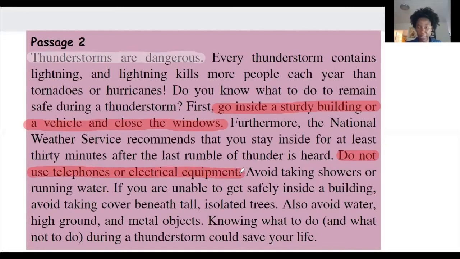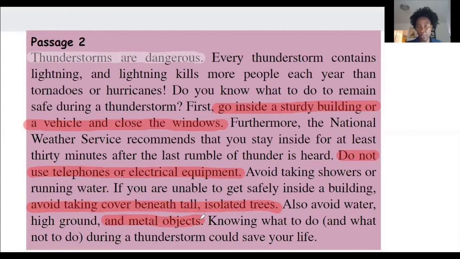This other detail is also telling us how to remain safe during a thunderstorm. Another detail about remaining safe, avoid taking cover beneath tall, isolated trees and avoid the use of metal objects.